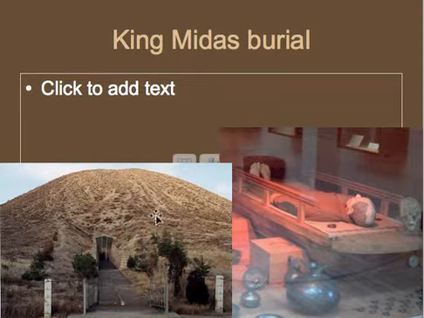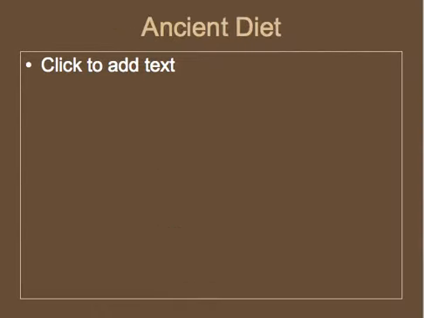There was a real King Midas, and this is his actual tomb. And then they found residue on the inside of the pots, and they figured out proportions of different compounds in there, like apricots with the barley and things like that.